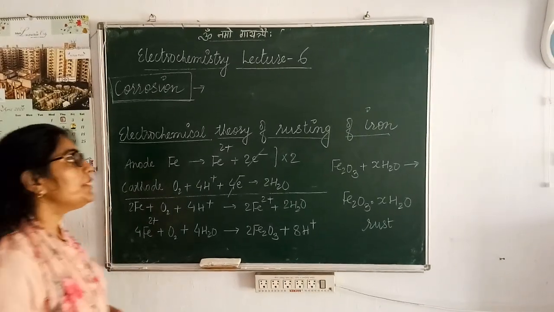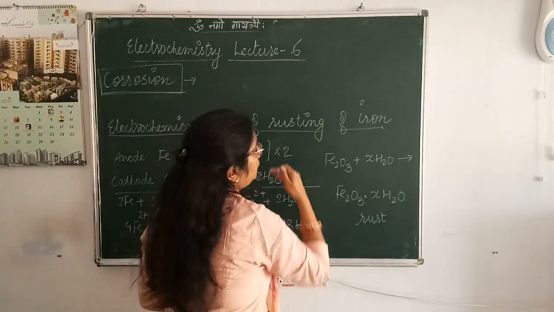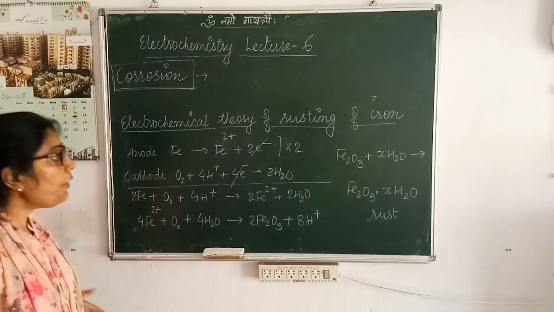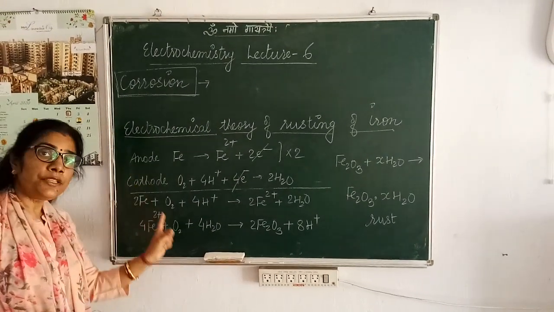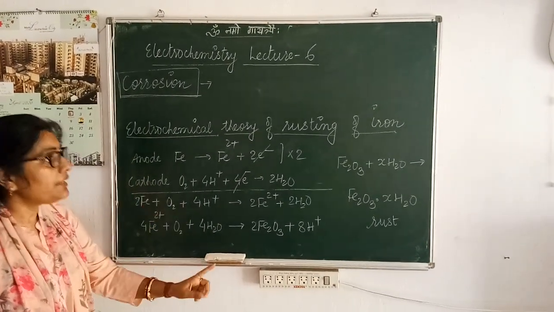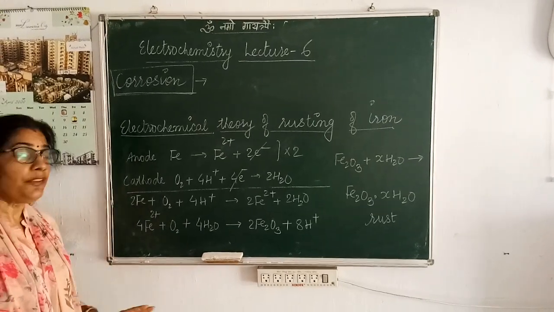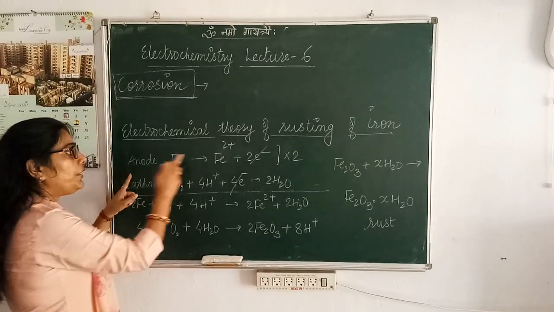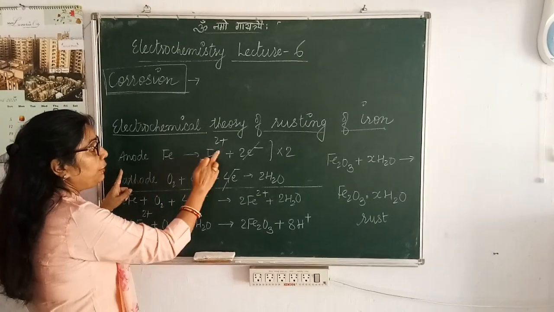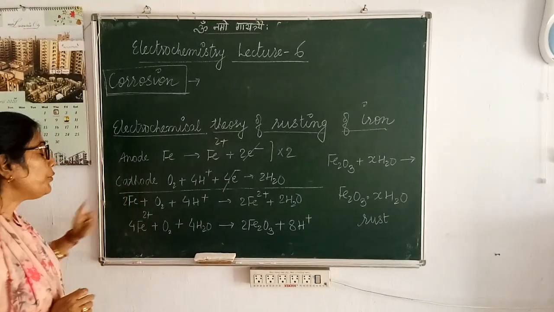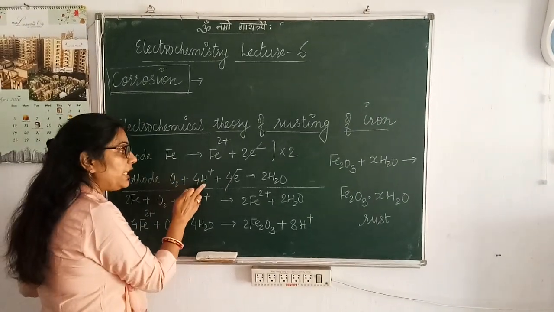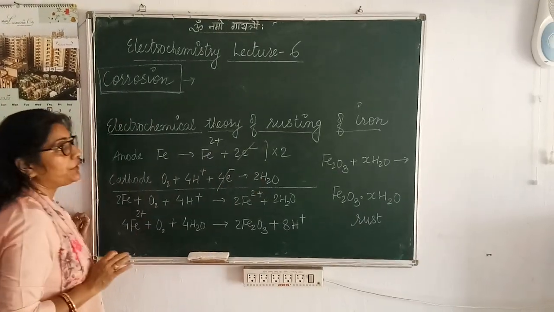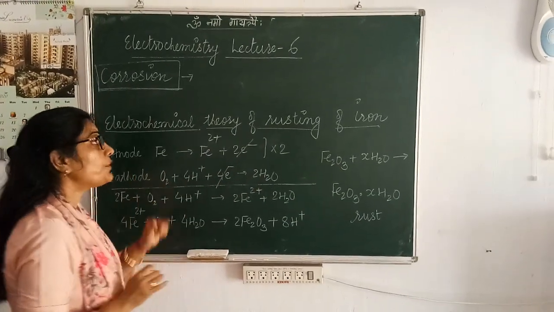So far as iron and its rusting are concerned, as you all know, for rusting of iron to take place, the presence of water vapor as well as atmospheric oxygen are both required. At anode, oxidation takes place, Fe loses electron. At cathode, oxygen combines with H+ and so water is formed. What is the source of this H+?